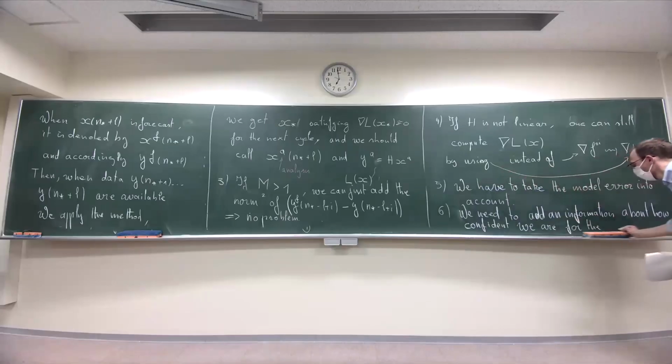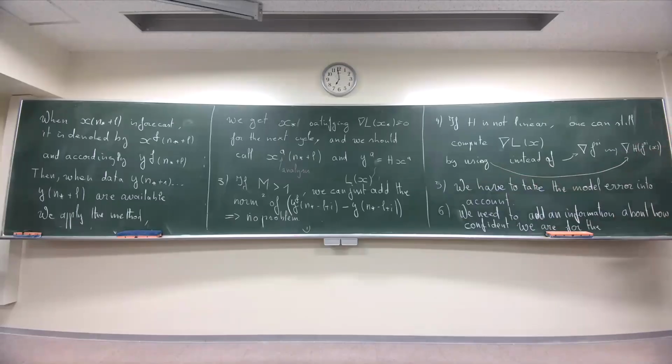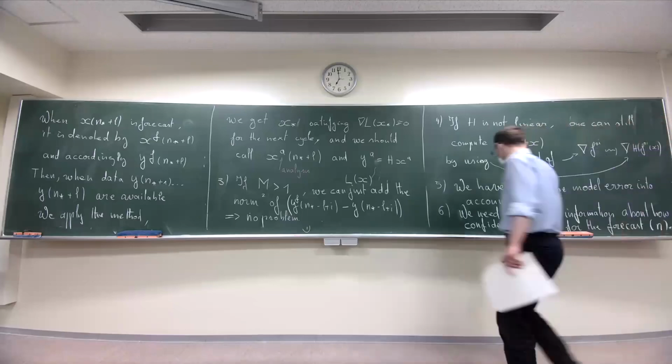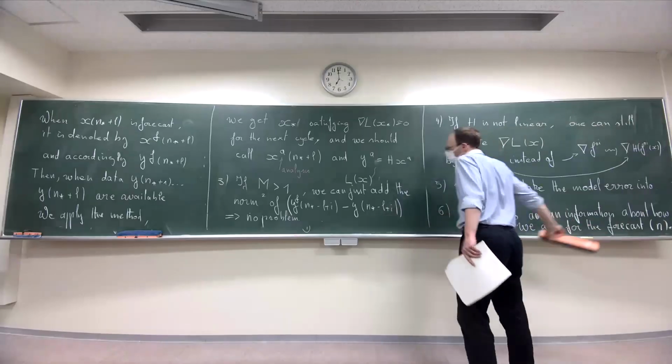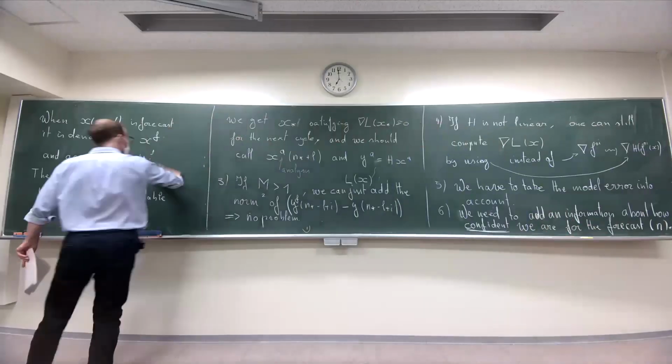And indeed, if you think about the weather forecast, they give you an information, and this information depends on the day. The one-day forecast has a certain probability. The 10-day forecast has another probability. There is no information like this here. So we have to add an information about how confident we are for the forecast, and this information can depend on time. So when you speak about confidence, it's about probability. So we have to do something about probability.